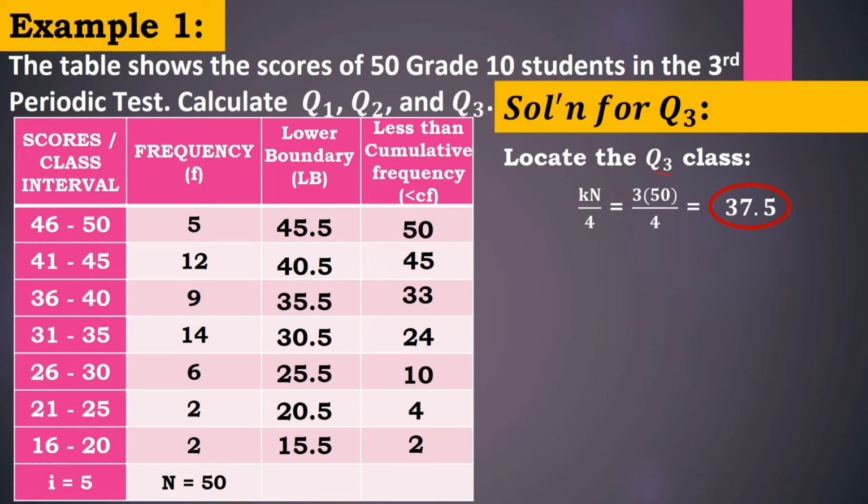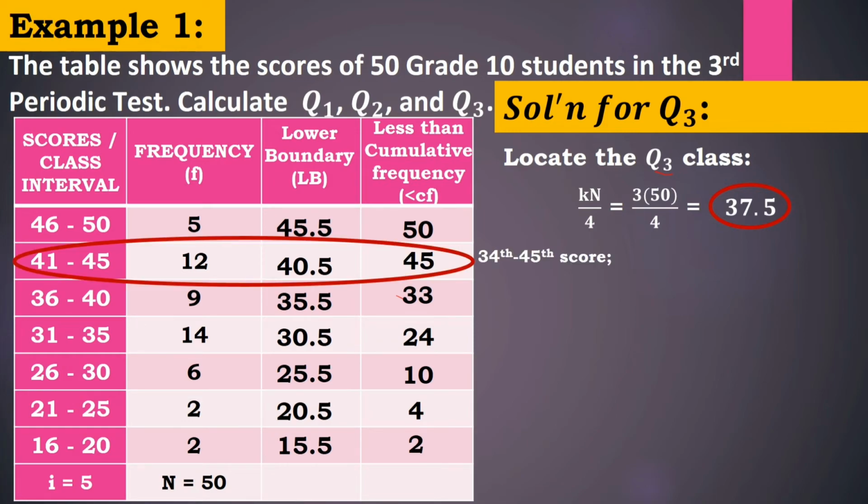So, check natin sa less than cumulative frequency where 37.5 is less than or equal to. So, 37.5 is greater than 33. Hindi dito. 37.5 is less than 45. So, it means that the location of Q sub 3 class is in the class interval 41 to 45.